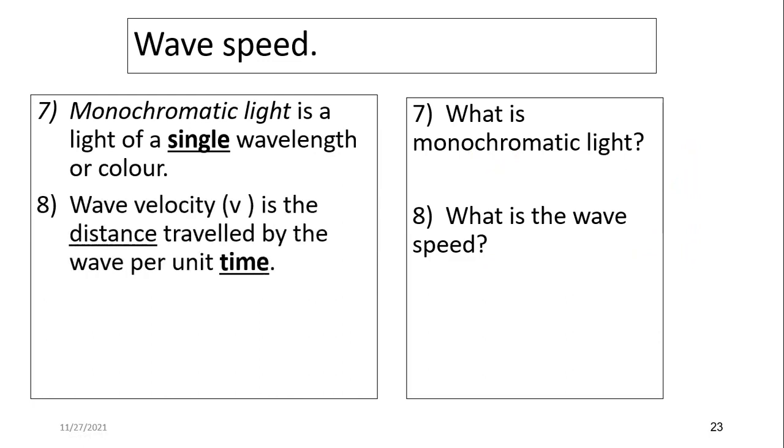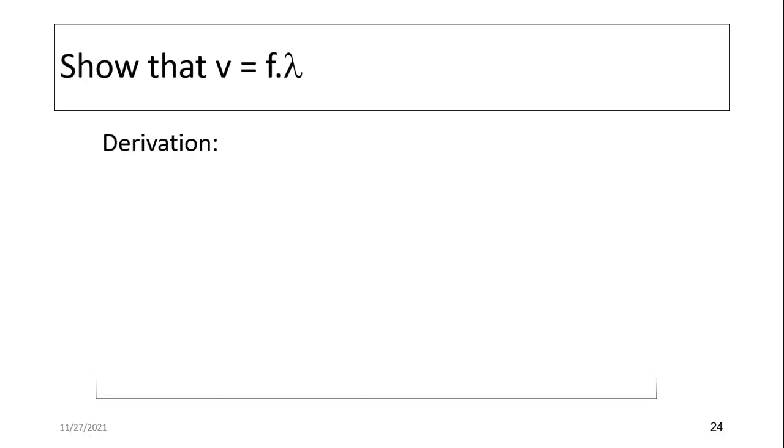Wave speed or wave velocity is the distance traveled by a wave per unit time. You can identify a particular crest and see how far it travels in a particular time. Then your distance divided by your time. A uniform velocity is distance divided by time. And you have to remember this formula, v equals f times lambda. How to derive it?